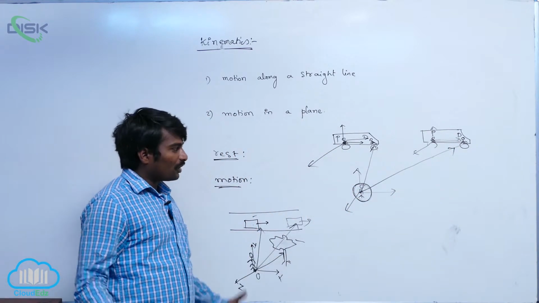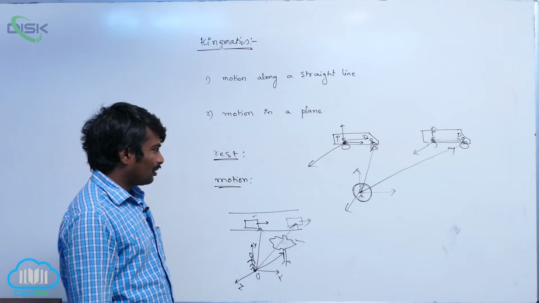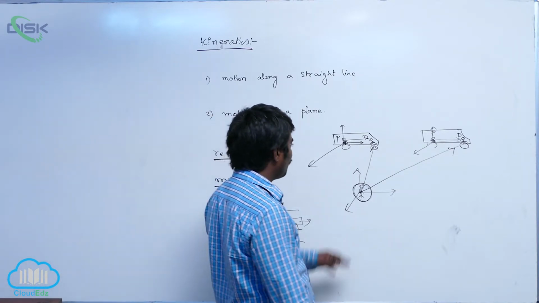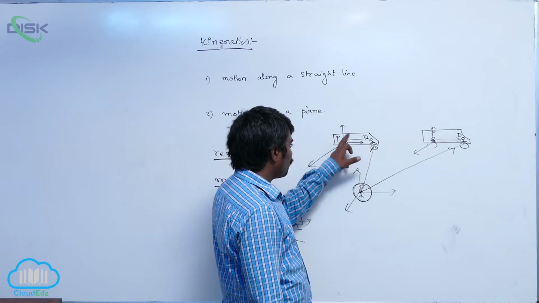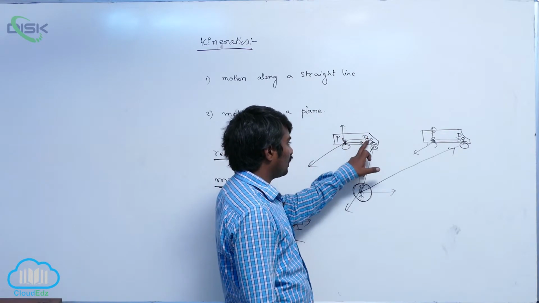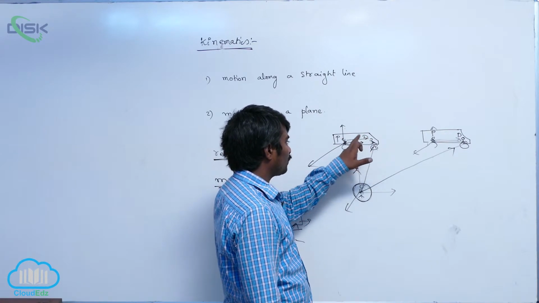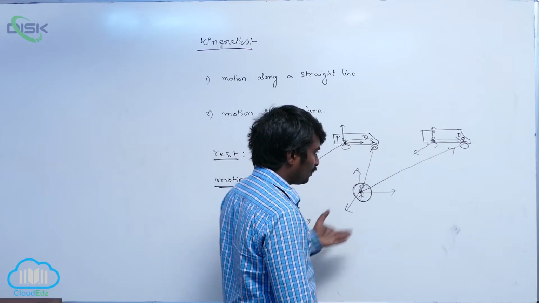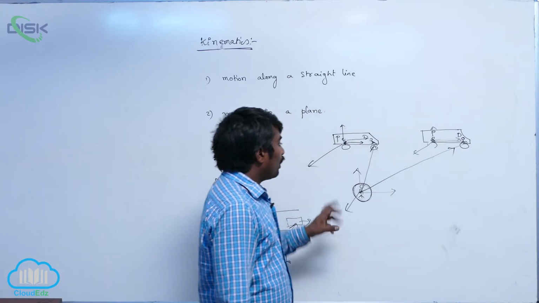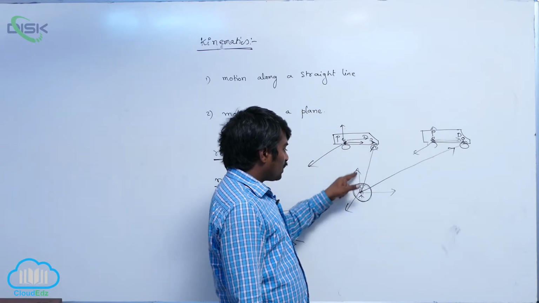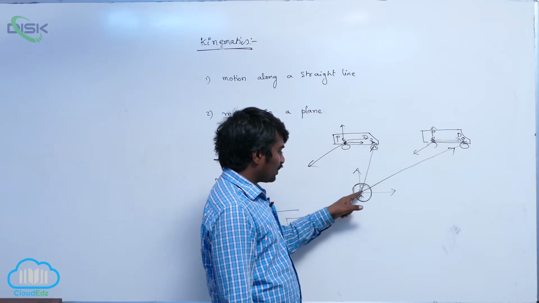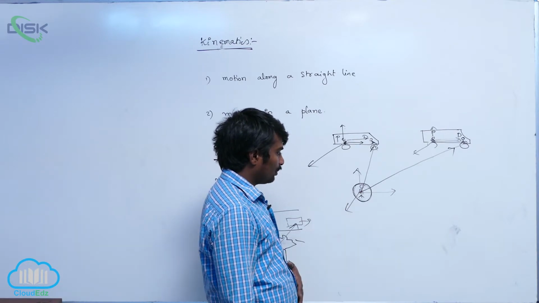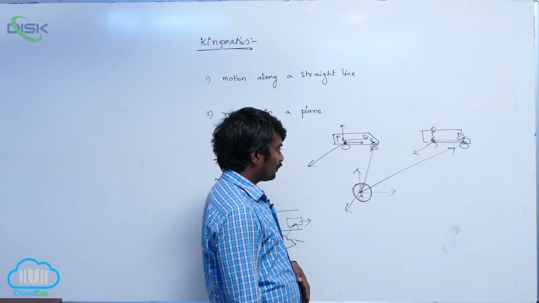You can ask me one question. Okay, you are saying that with respect to the passenger frame of reference, the driver is said to be at rest because the position vector of the driver with respect to this reference frame is not changing with time. The driver is in motion with respect to the reference frame attached to the person who is standing on the ground, because the position vector changes with time.